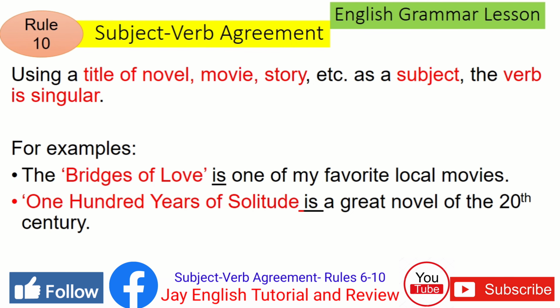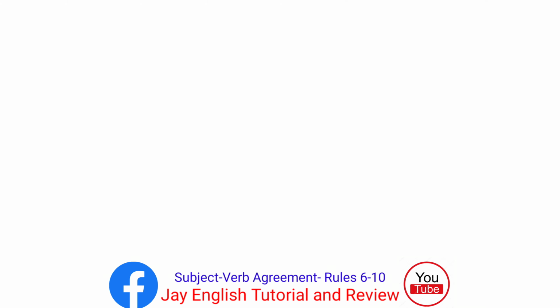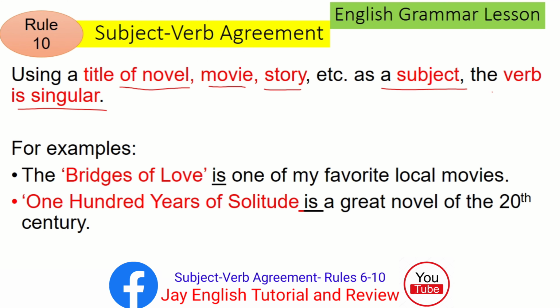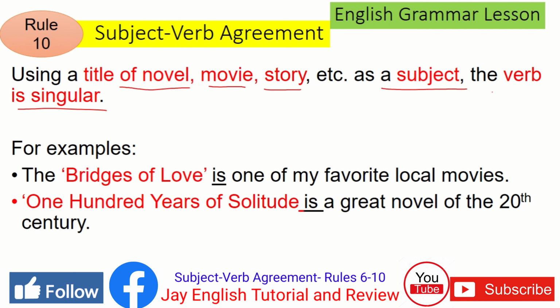And finally, rule number 10. Using a title of a novel, movie, or story as a subject, the verb is singular. For example, The Bridges of Love is one of my favorite local movies.